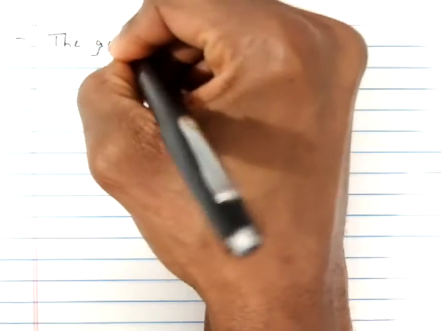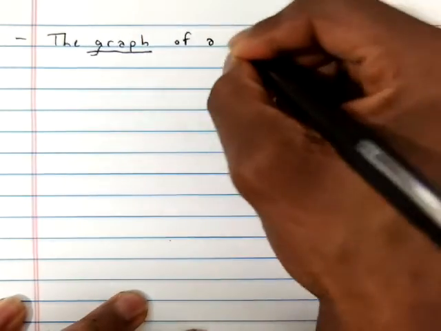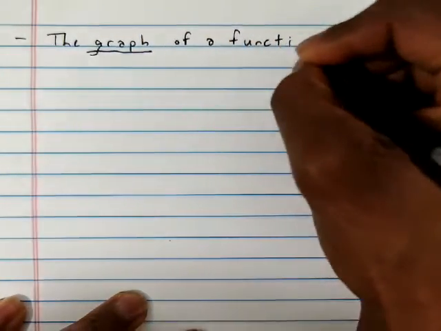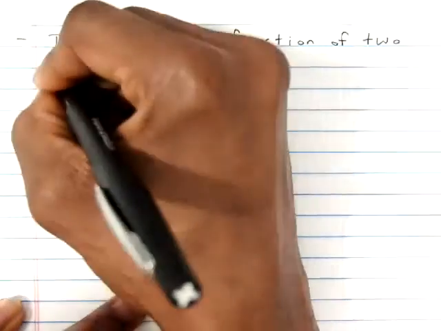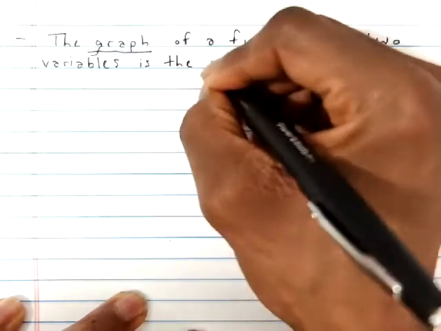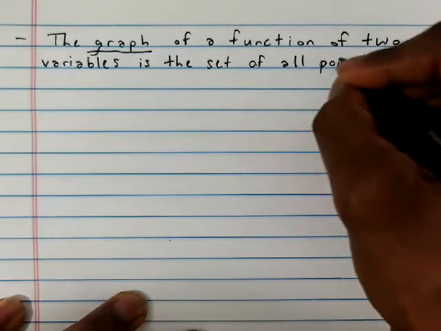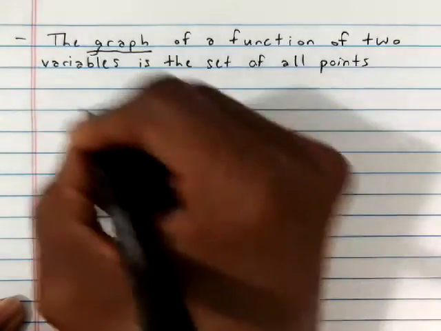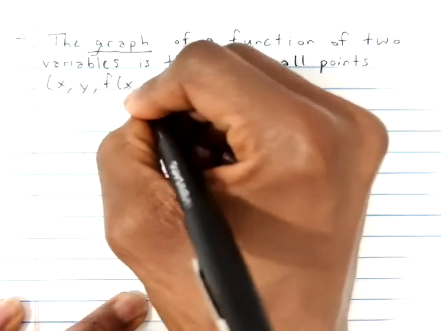So the graph of a function of two variables is the set of all points x, comma y, comma f of x, y.